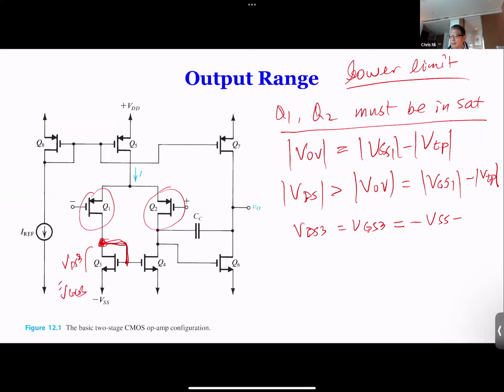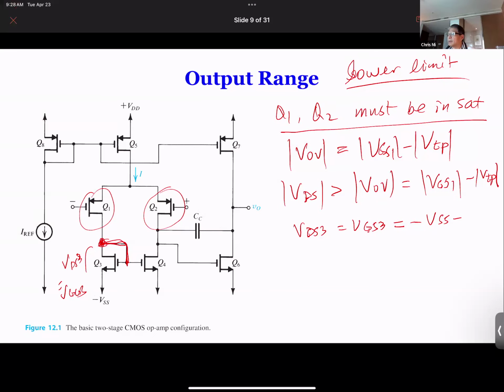Well, hold on, sorry. And VGS3 has to be larger than VDS3. So VDS3 has to be larger than here.